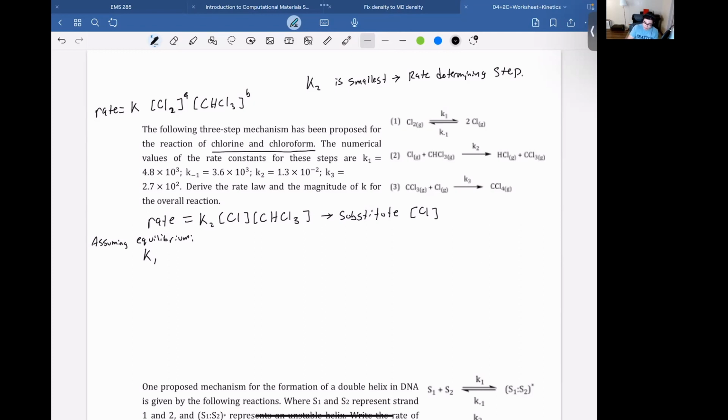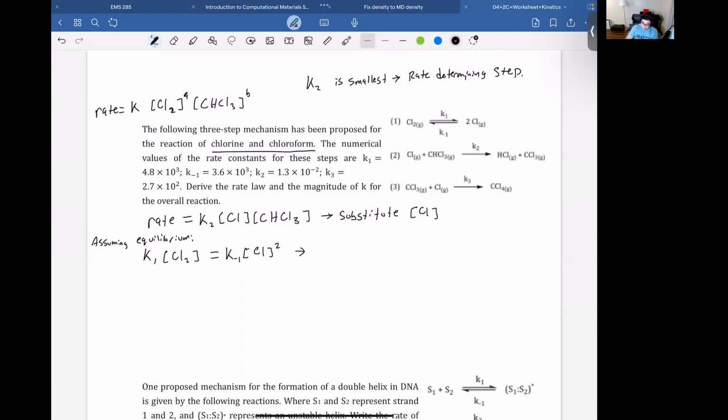So the forwards rate is K1 times the concentration of Cl2. The backwards rate is equal to K negative 1 times the concentration of Cl squared because of the 2, right, coefficient.